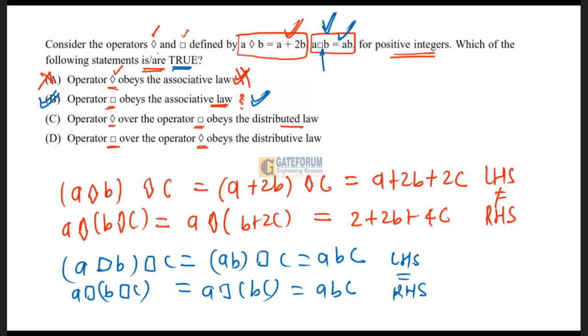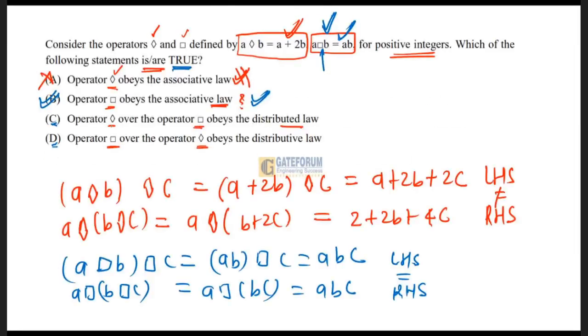But since it is there, it might be MSQ in nature. So we need to scan option C as well as option D, right? So do the same. Option C: operator diamond over operator rectangle obeys distributive law.